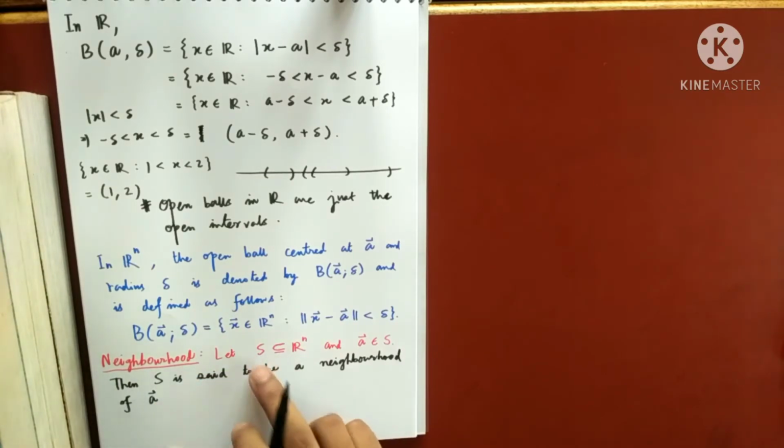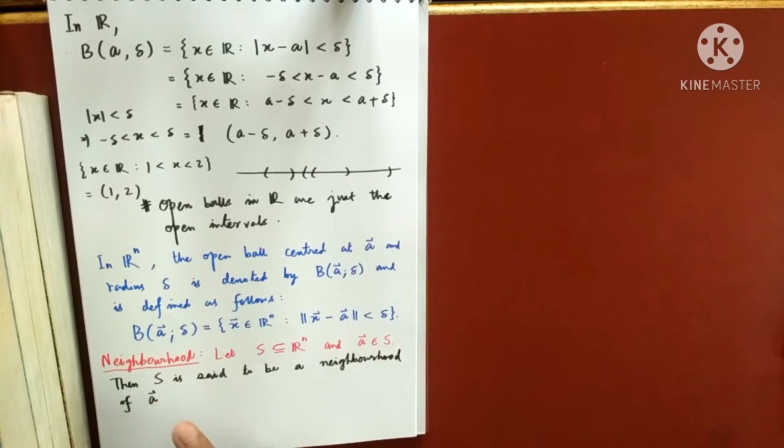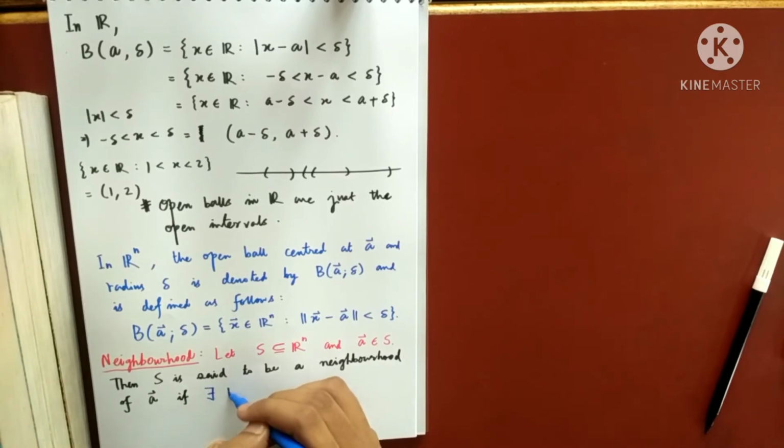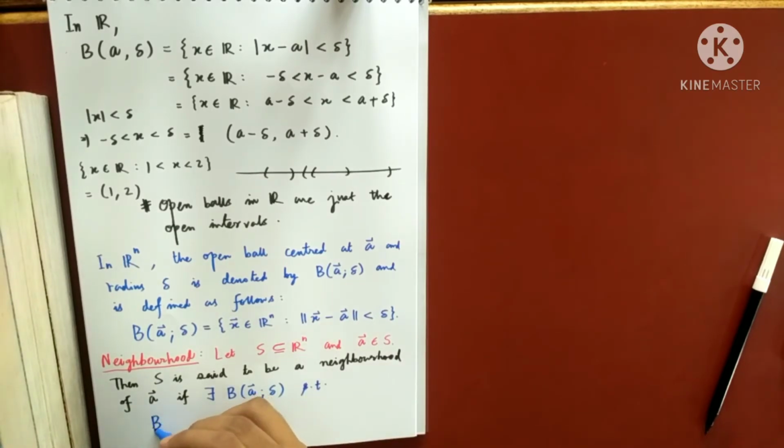A. So I have a set, and some point A belonging to the set. Then S is said to be a neighborhood of the point A if, when will I say that this is the neighborhood of the point A? If there exists an open ball centered at A and radius delta, there is some open ball such that this open ball is completely inside S. They can be equal as well.